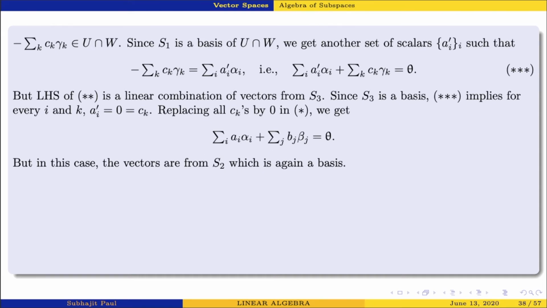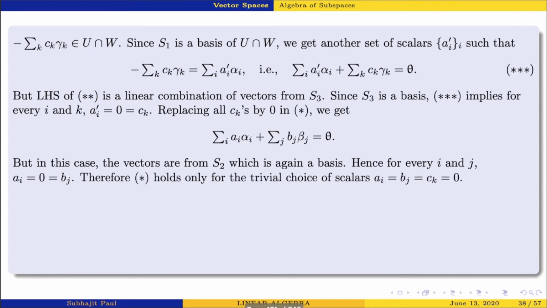These vectors are coming from S2, which is again a basis. Since S2 is linearly independent, for every i and j, the scalars ai and bj should all be necessarily 0. So therefore star holds only for the trivial choice of scalars, ai equals bj equals ck equals 0.